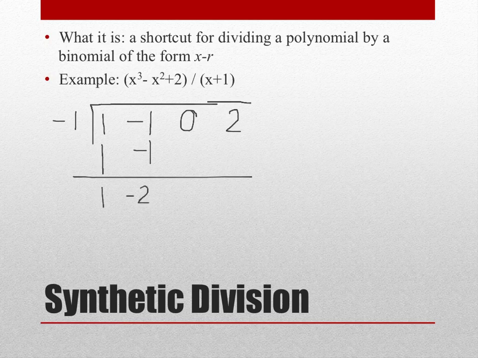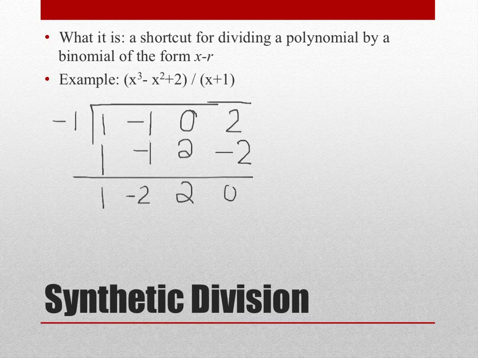Negative 1 times negative 2 is a positive 2, so we write that over here. We add those two terms together, drop our 2 down. So negative 1 times a positive 2 is a negative 2. Bring that over here. 2 minus 2 is 0.